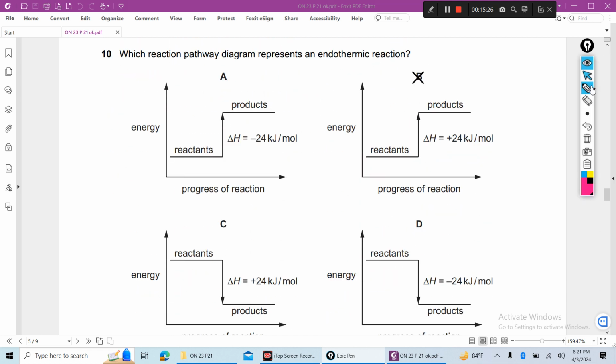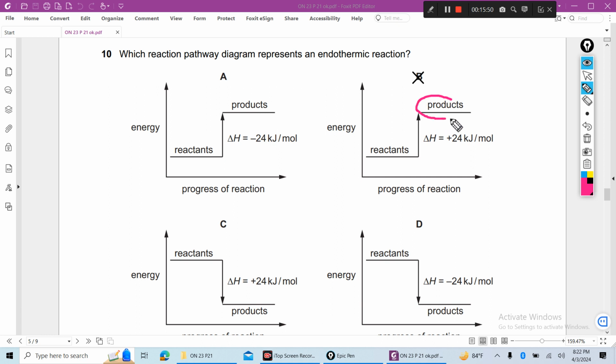Number 10, which reaction pathway diagram represents an endothermic reaction? Endothermic reaction, you know, this answer is B. Why? Reactants have less energy, products have more energy. So this is an endothermic reaction.